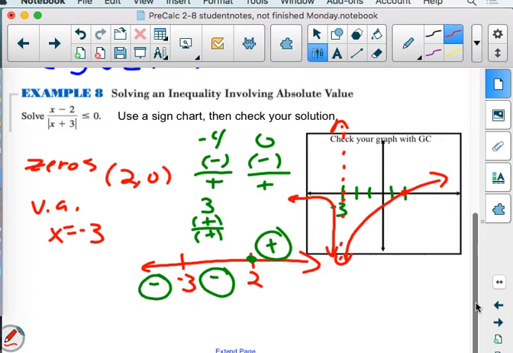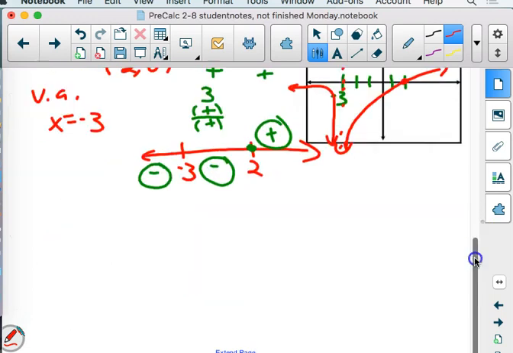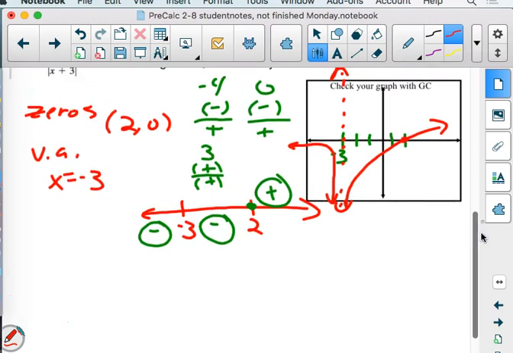And then we finally need to answer the question, which was, when is this going to be less than or equal to 0? That equal part is something we want to pay a lot of attention to. So let me move that up just a little bit. Where is this less than or equal to 0? Up to the -3?